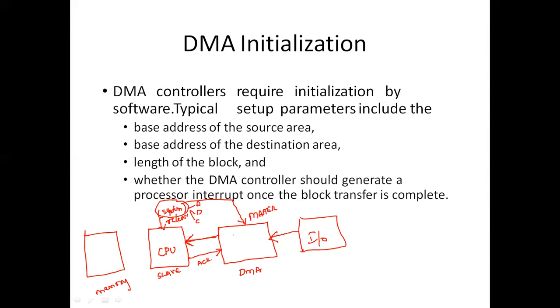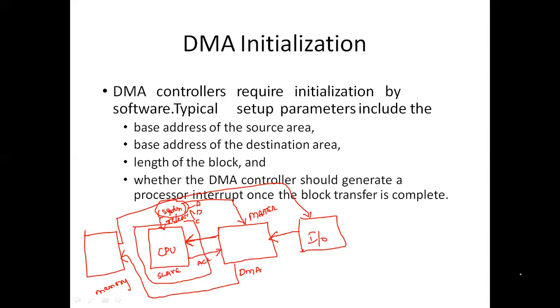These are the two modes. As DMA is the master, it completely neglects the CPU and directly transfers the data to the memory, or DMA can directly transfer the data from memory to the IO devices. So this is the actual working.